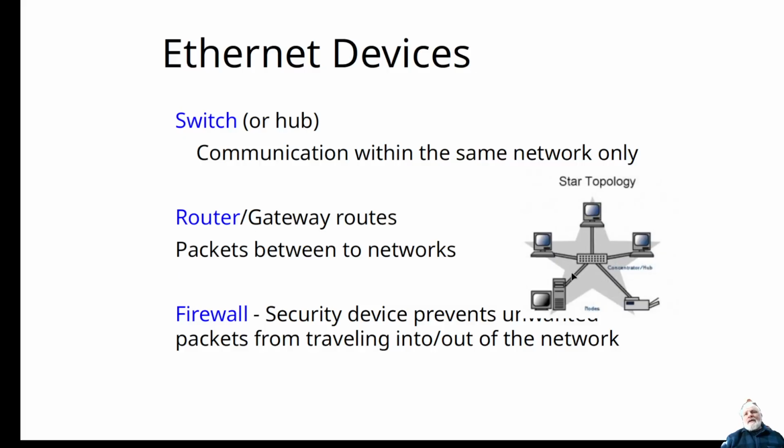So a router actually has to be connected to both networks, and then it's your path or your gateway to the other network. So the router is basically the physical device that provides that gateway to the other device. Now, normally there's what we call a default gateway.